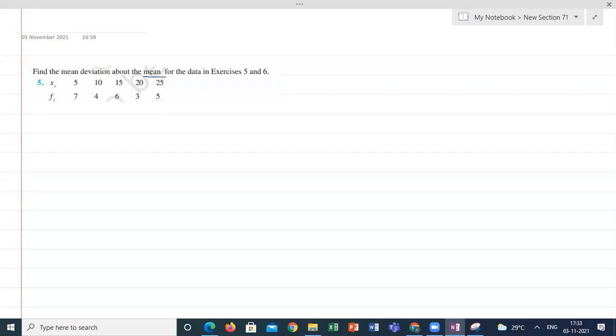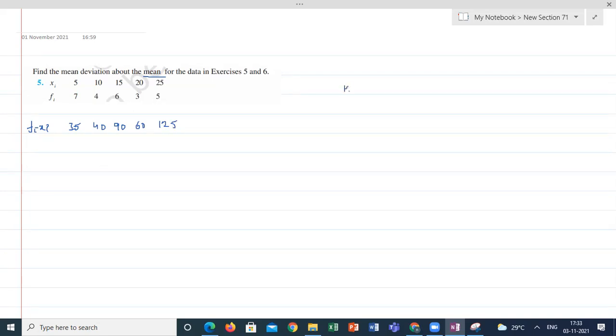It's very simple. They gave the frequency. You have to calculate f_i x_i values. So it will be 5 into 7 is 35. 10 into 4 is 40, 15 into 6 is 90, 20 into 3 is 60, 25 into 5 is 125.